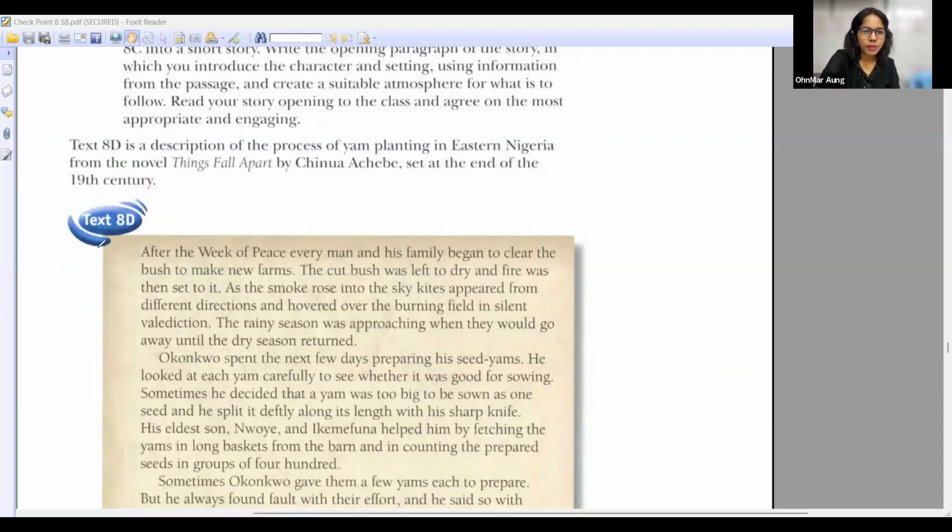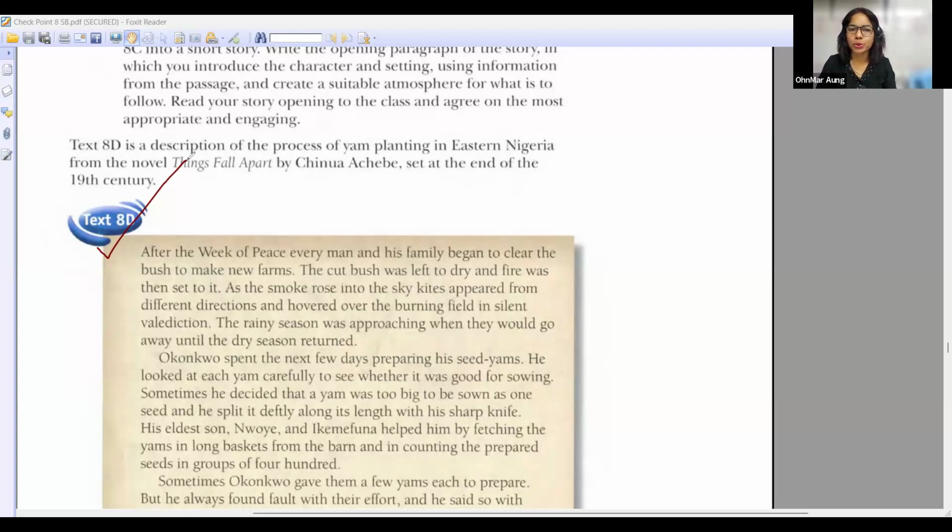The week of peace. After the week of peace, after relaxing, the men from the writer's family began to clear the bush. They prepare to grow crops, to clear the bush, to make new farms.